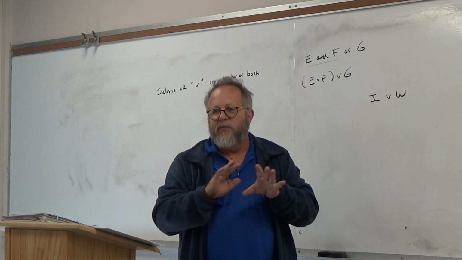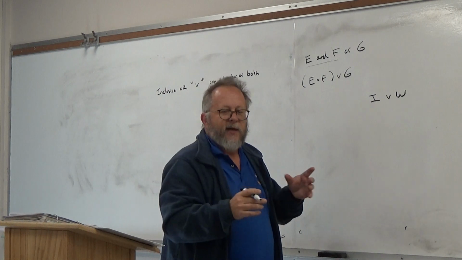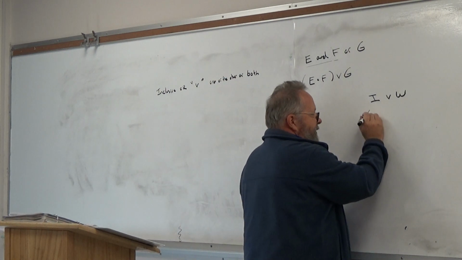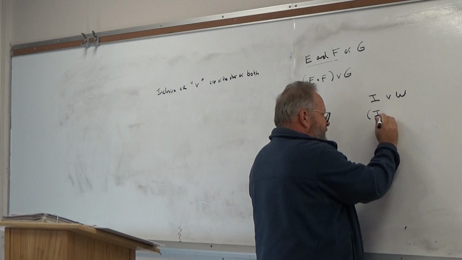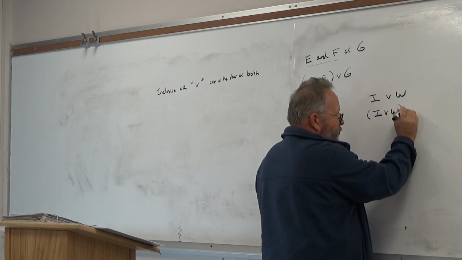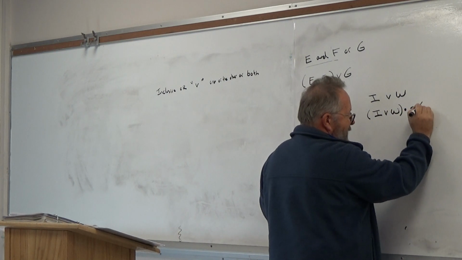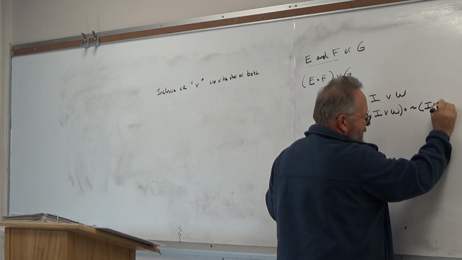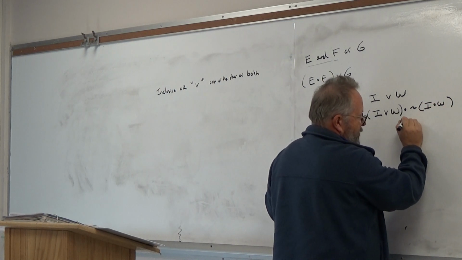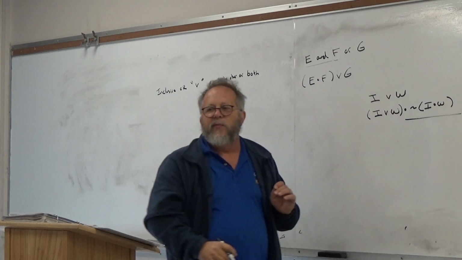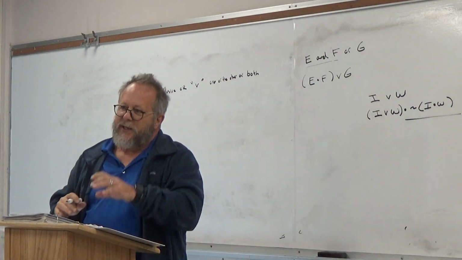We don't have a symbol for exclusive or, but we have a way to fix it. We say this: it's either Inigo or Wesley, but it's not Inigo and Wesley. So we needed to add this on because it's an exclusive or. Did everybody get that?